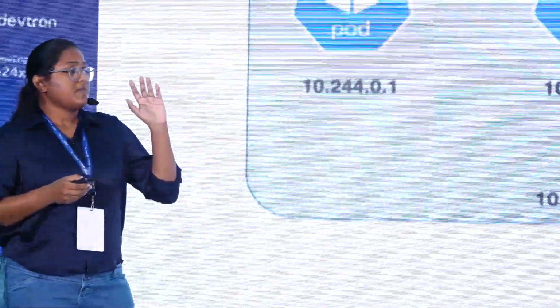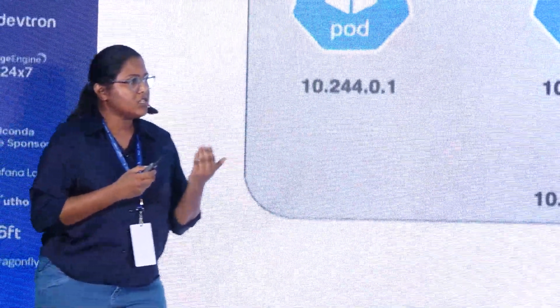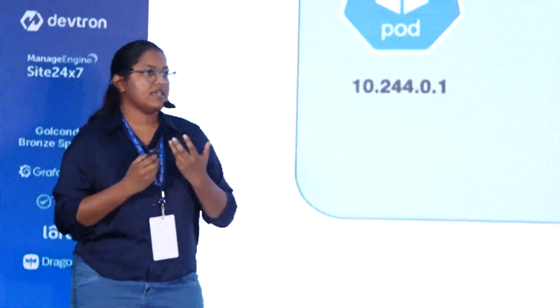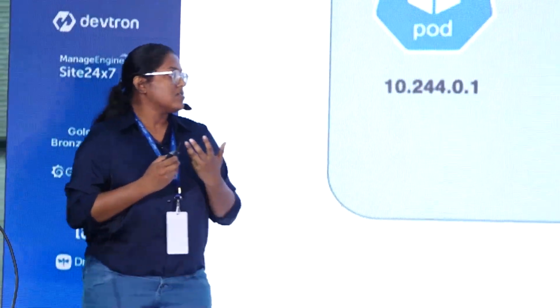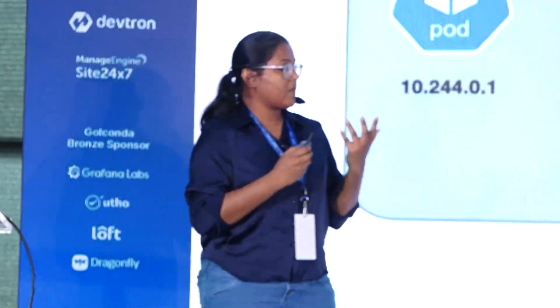So now here we have two nodes. As I said before, each node has got its own CIDR block. I assume here that you have some basic understanding of CIDR notation. On the right side, we have 10.244.1.0, where inside that, the pods have got IP addresses like 10.244.1.1, 1.2, and 1.3.